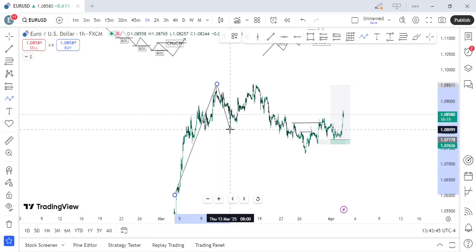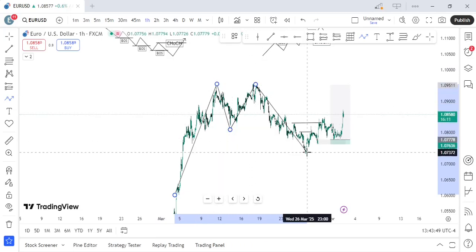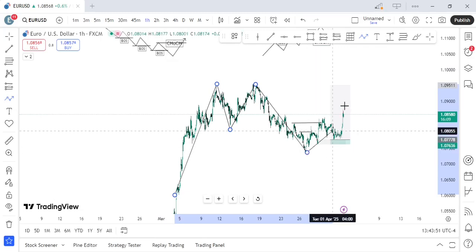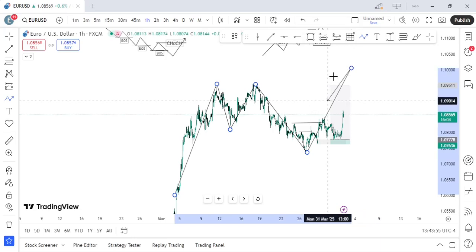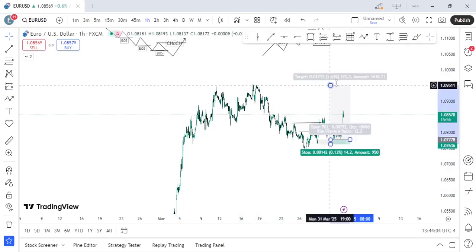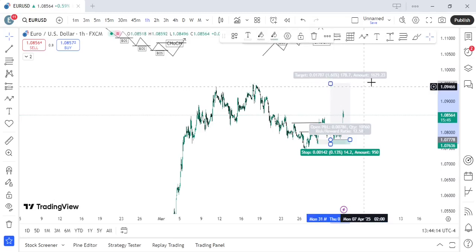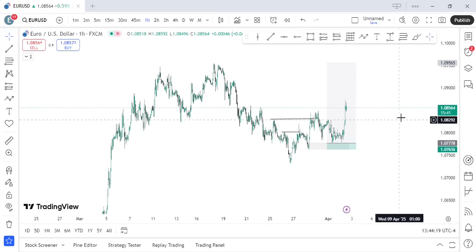Price went all the way up, came all the way down, went all the way up, came all the way down. This was a retracement on the higher time frame. Now, price is currently on a bullish momentum, so I know price will definitely keep on going all the way bullish. So if I'm going to set my TP, it will be just right here. And that's how you basically find perfect trade setups just using change in character.